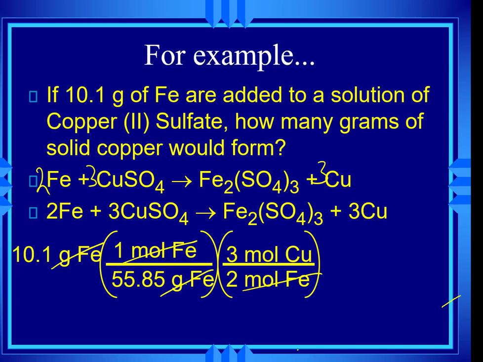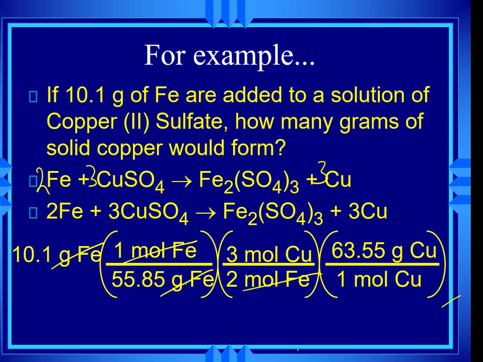Now I need to get rid of moles of copper. And moles of copper, I can change into grams of copper, because 1 mole of copper weighs 63.55 grams. That's what it says on the periodic table.